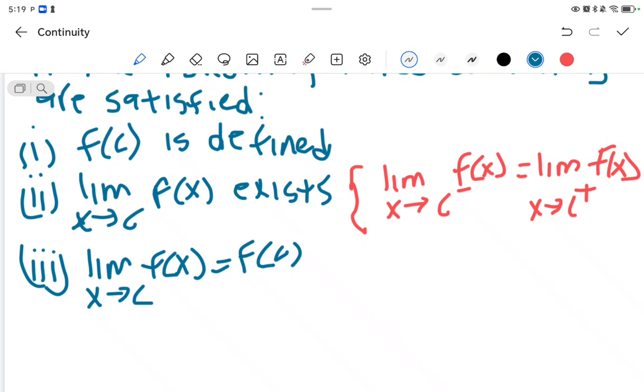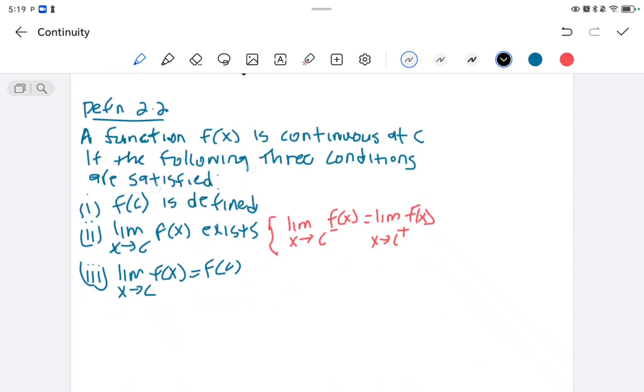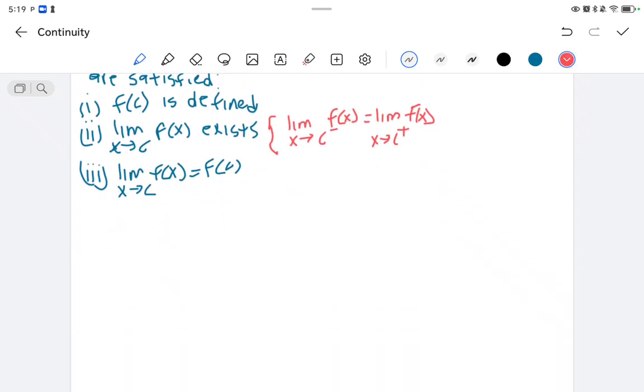Now, going back to the question, they said we should check if the following functions are continuous at the given point or the intervals.